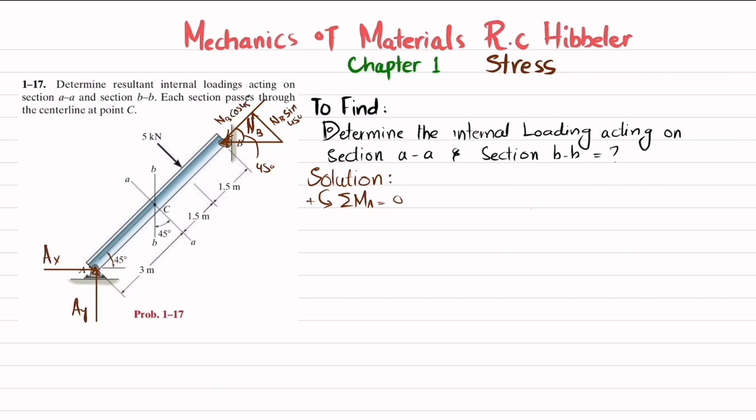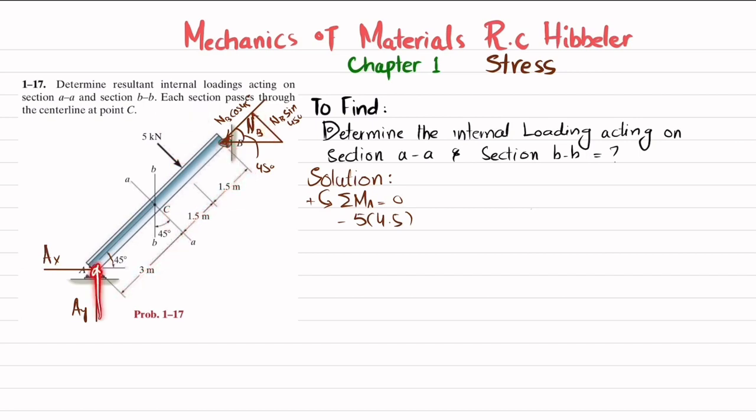The first moment produced about point A is this 5 kilonewton force, and the perpendicular distance between these two points is 4.5 meters, and it is producing clockwise moment, so it will be negative. So I will write first 5 into 4.5 and that is negative. The second moment is produced due to this vertical component, and the perpendicular distance is 6, and this is producing counterclockwise moment, so it will be positive.